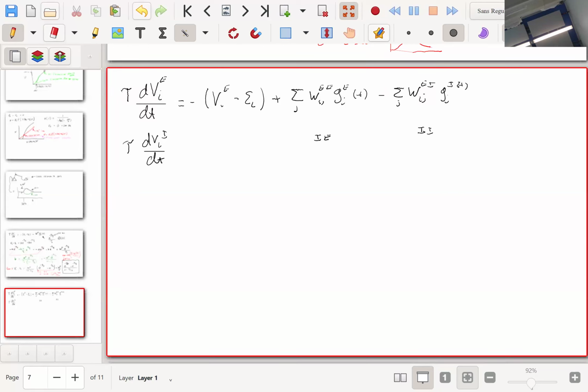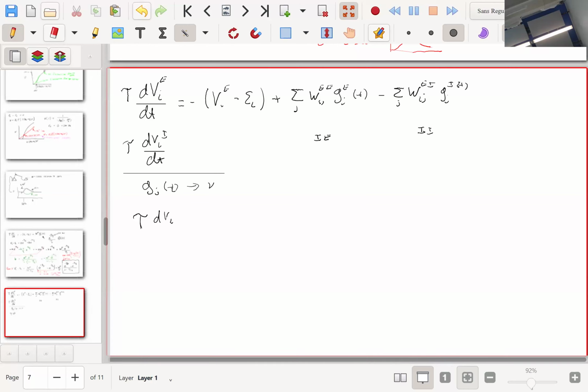Okay. Then we're going to average. We're going to do the same thing as before. So g_j(t) goes to nu. I'm going to write tau d nu_Q/dt. I'm going to use Q here, so Q is going to equal E or I. This allows me to write the same equations more succinctly.